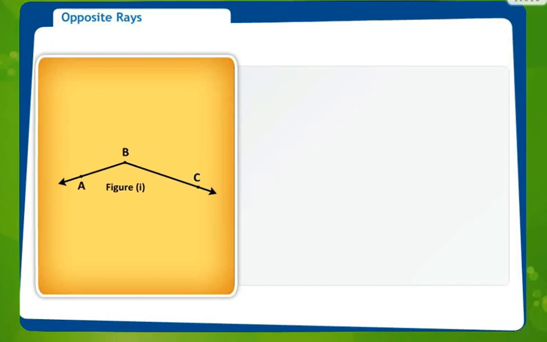And if you look at the direction of the rays BA and BC, both are in the opposite direction. So ray BA and BC are said to be opposite rays.